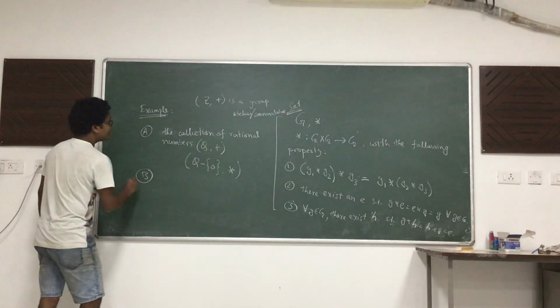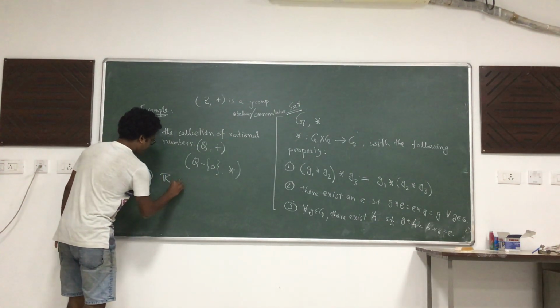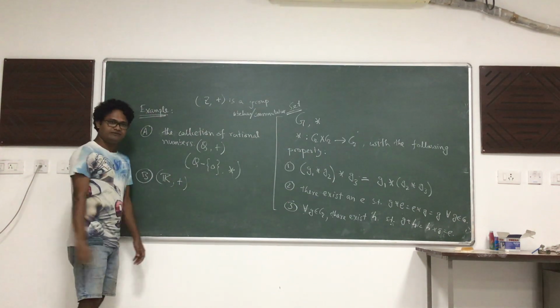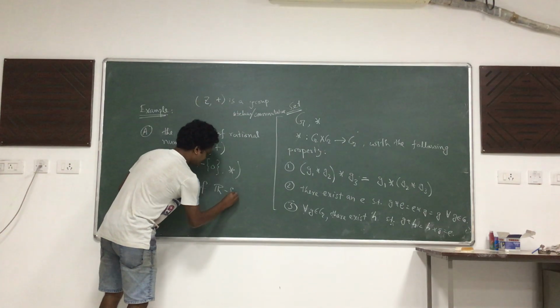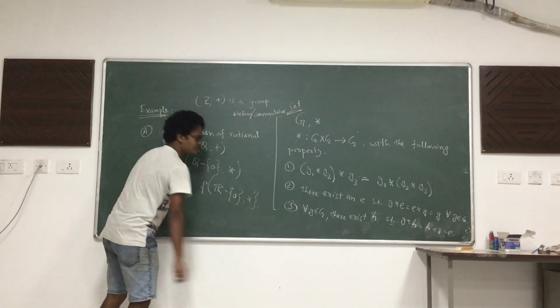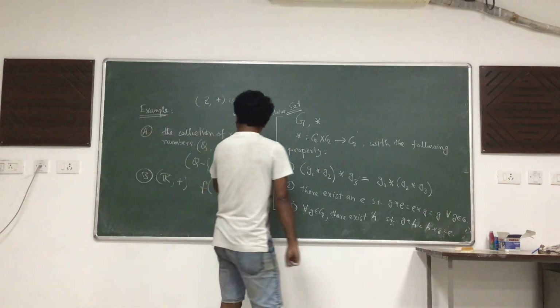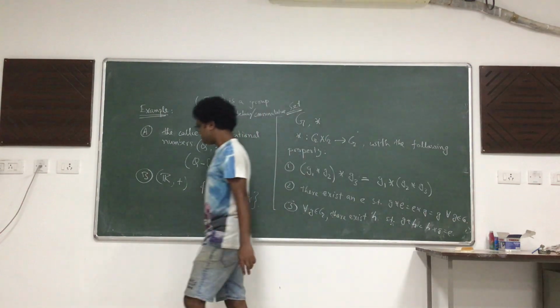Similarly, one can check that the collection of real numbers, and finally the positive reals and real numbers minus 0 with multiplication are also groups, and all of them are commutative groups.